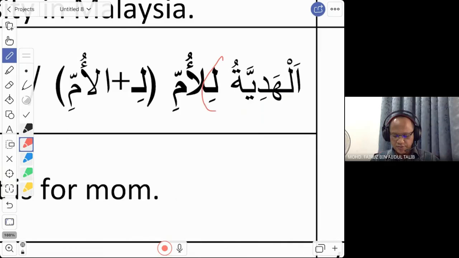Li al-um. This word is actually al-um. So this is a combination of li and al-um. Li is for and al-um is mom, mother. When you combine this lam to alif lam, the alif will disappear. So if you look here, you don't see the alif anymore.